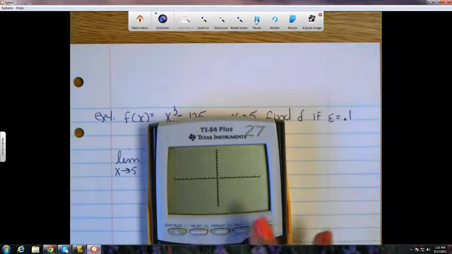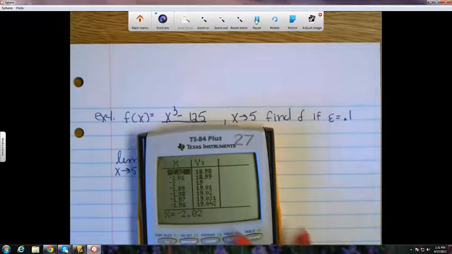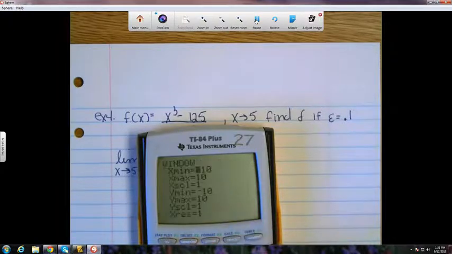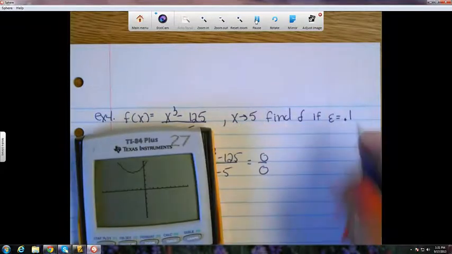The numbers must be too big. Table. Yeah. So the y's are bigger. Window x's, y's maybe negative 30 to 30. See if we get anything. There it is. It's over there. Caught it.